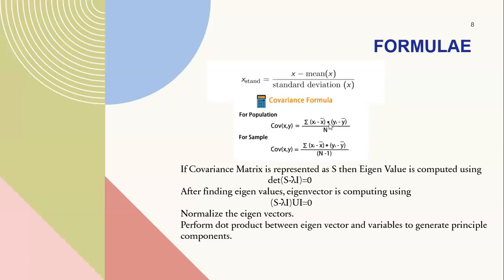Whichever is bigger, that value we have to take. So the purpose of eigenvalues is basically to extract the relationship between the variables. We are trying to minimize the number of variables by creating new variables, and these new variables are actually created with a proper combination of existing variables.